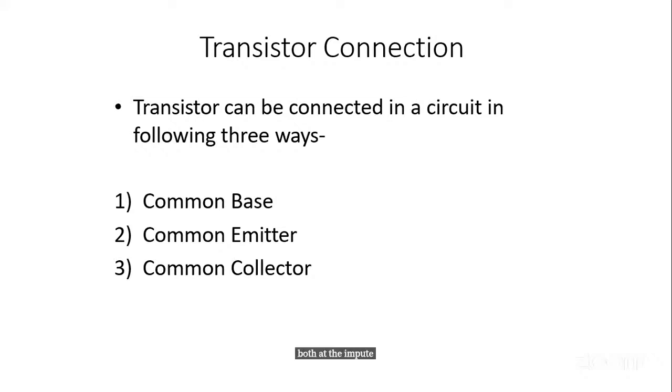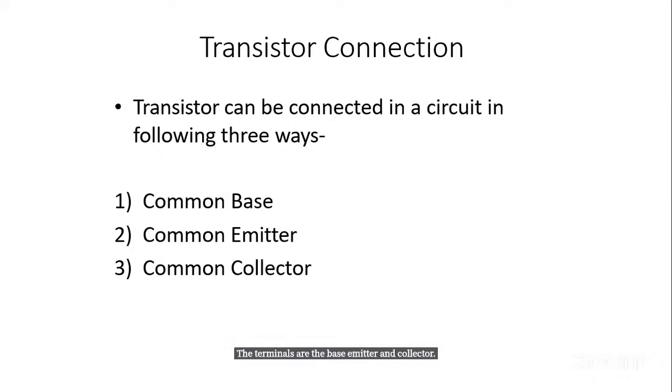It plays a role at the input and at the output. Remember that our forward bias and reverse bias is always between two junctions, two terminals: base collector, base emitter, or collector emitter. So two terminals at the same time. The terminals are the base, emitter, and collector.